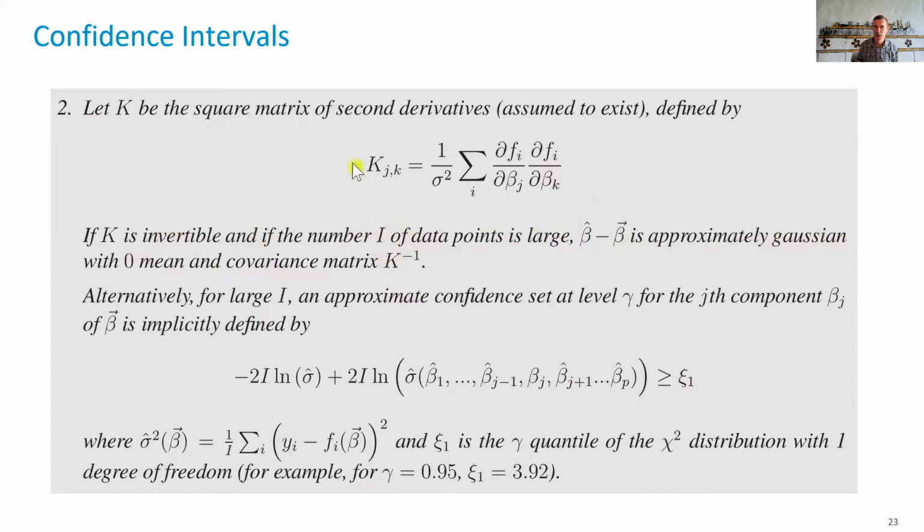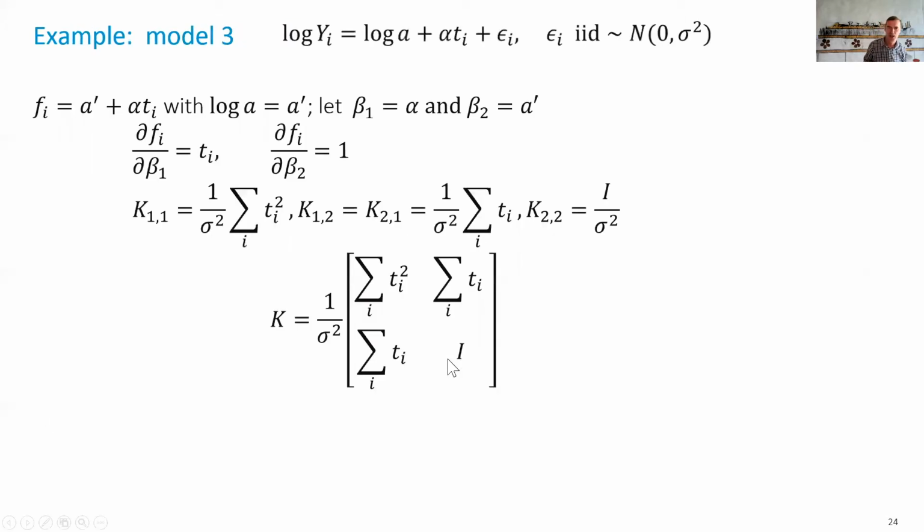It is the inverse of the matrix obtained by the cross derivatives of the function to be fitted with respect to the parameters, divided by sigma square. In reality, we don't know sigma square, so we will apply this approximately by replacing sigma square by its estimation here. Then there is an approximate result that I will mention in a few minutes.